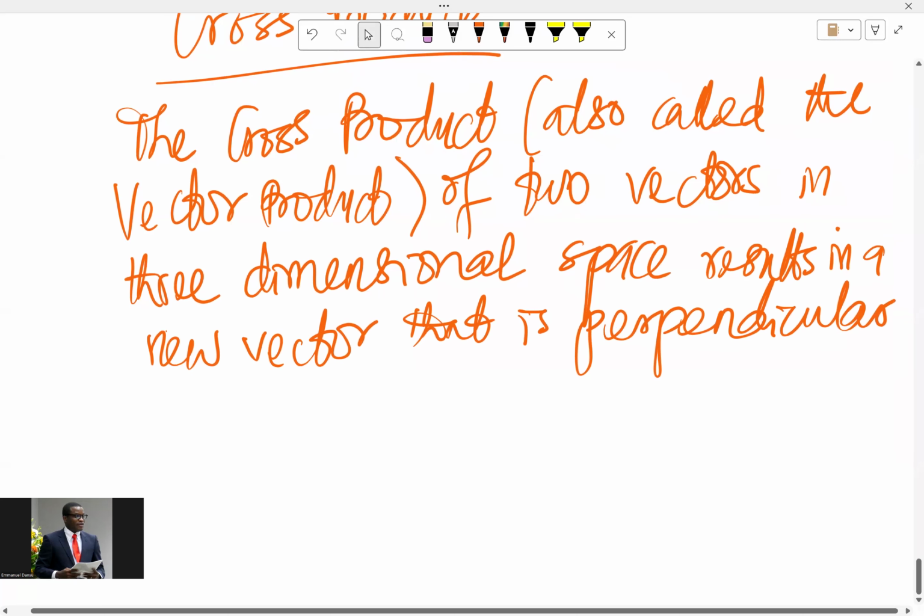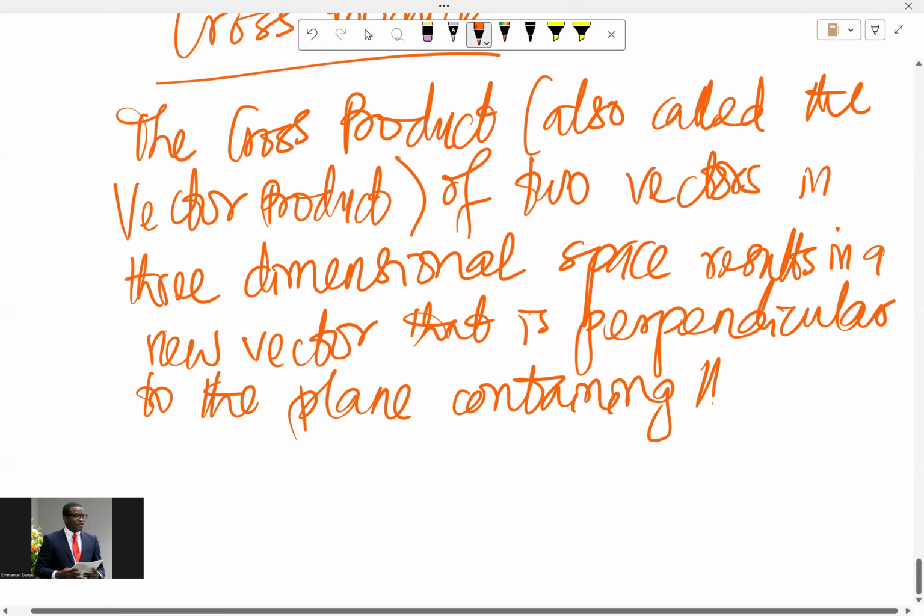That is, it makes 90 degrees to the plane containing the original vectors.